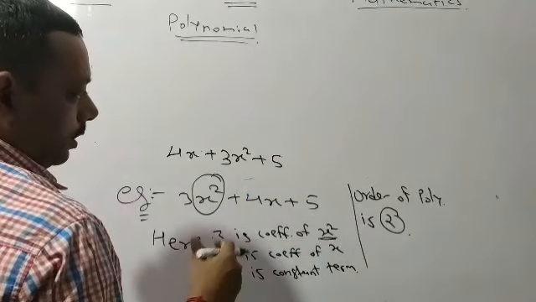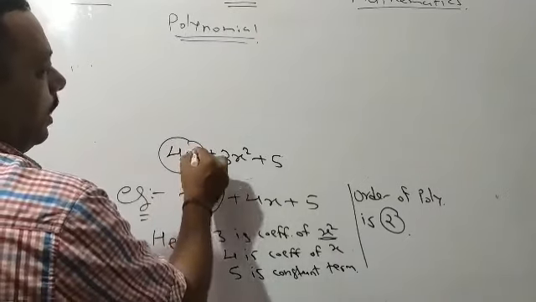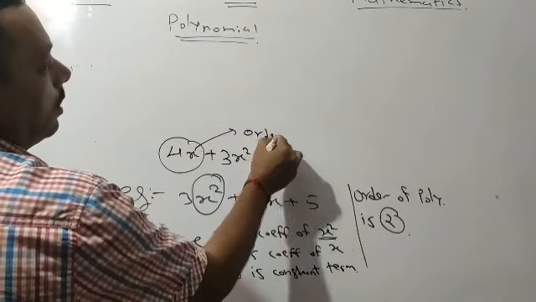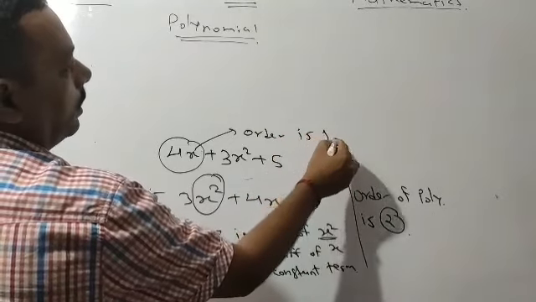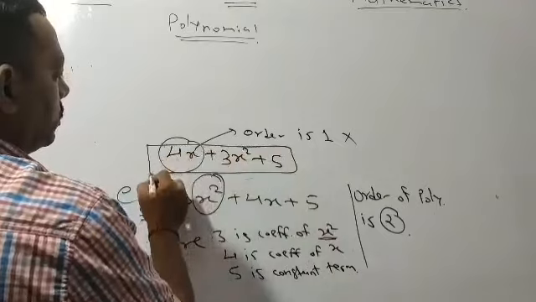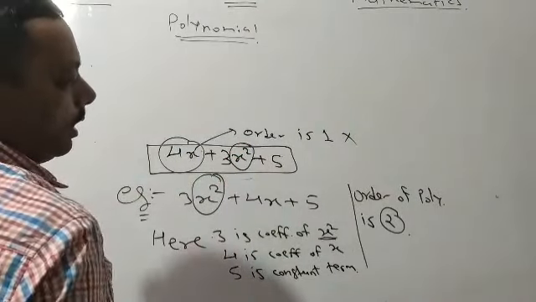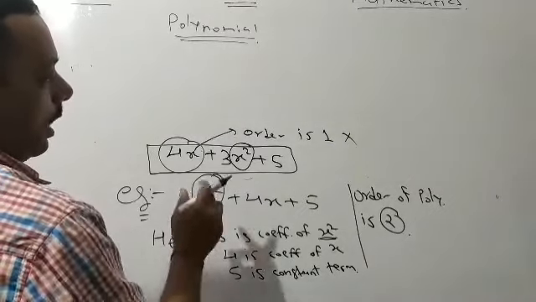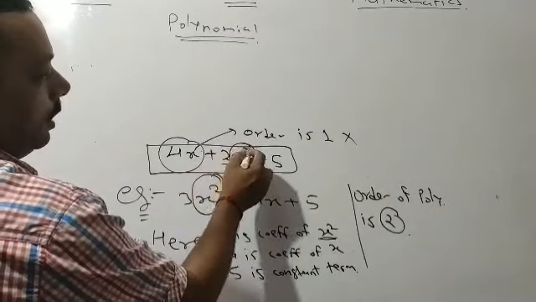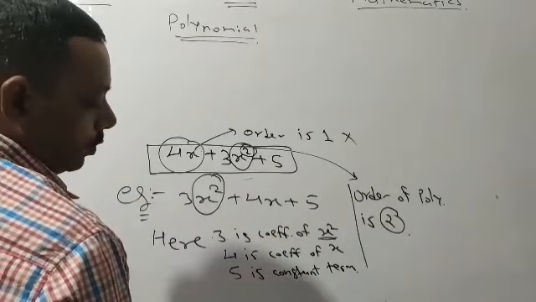Some students in a hurry every time in the exam might consider the first term and say the order is 1. Their answer is wrong, because you have to observe the whole expression, the whole polynomial, and decide the highest among them. Here the highest of this polynomial is order 2. So the right answer is order 2.